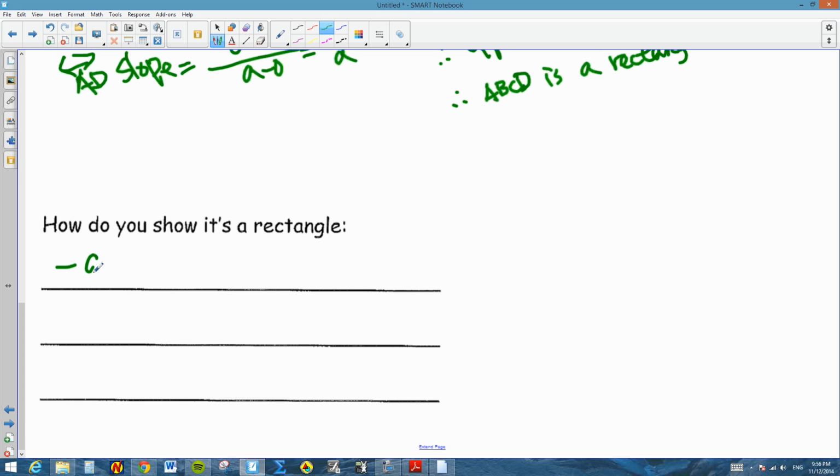First of all, you have 90-degree angles, because you have two slopes that are opposite reciprocals.